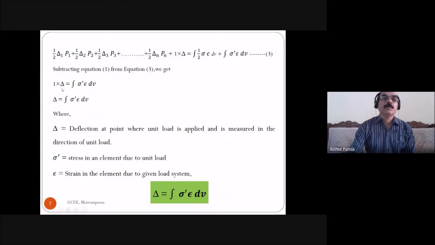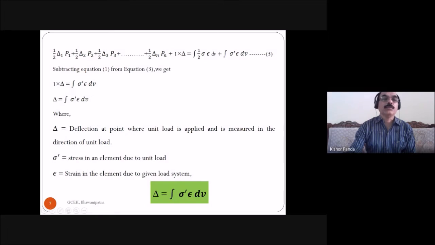Then you will get 1 into delta equal to integration of sigma dash epsilon dB, so delta is equal to integration of sigma dash epsilon dB. This is the expression for deflection. Using this formula, by the unit load method, you can find the deflection at a point.